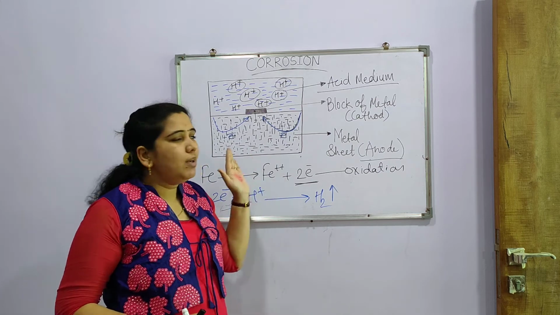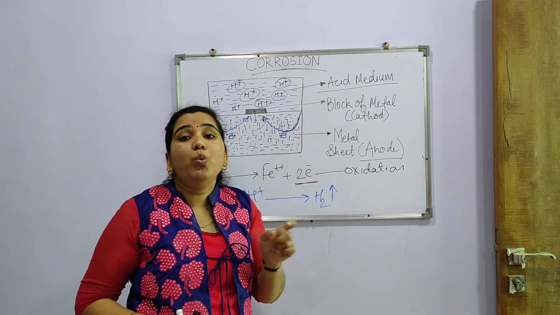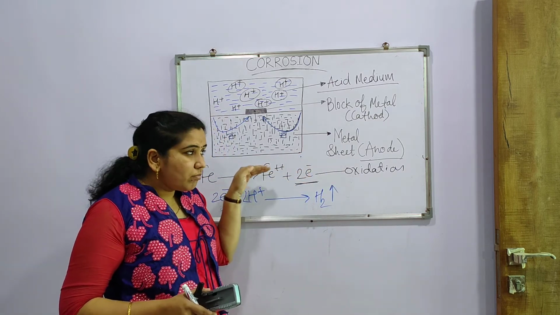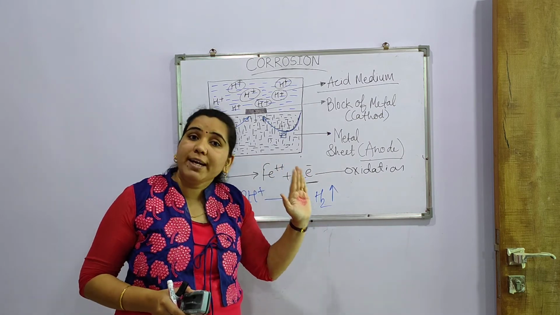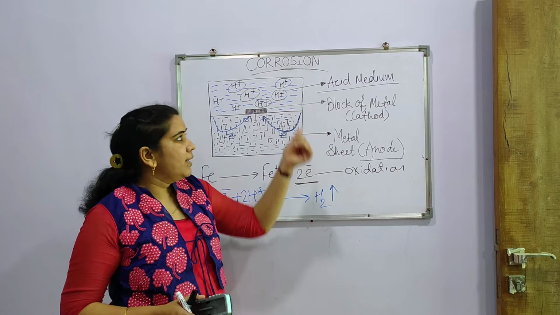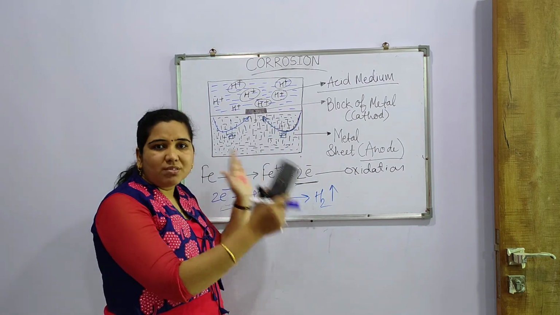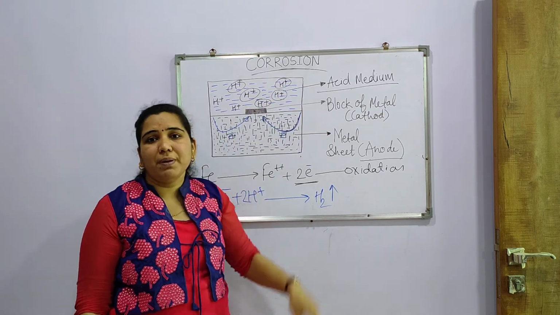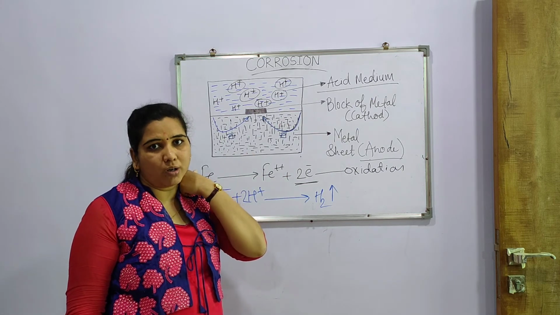On this particular type, a question can be asked like this: how does the mechanism of electrochemical corrosion or wet corrosion occur in acidic media? In this you will have to draw the diagram, label it properly, and explain the total condition, how it will occur.